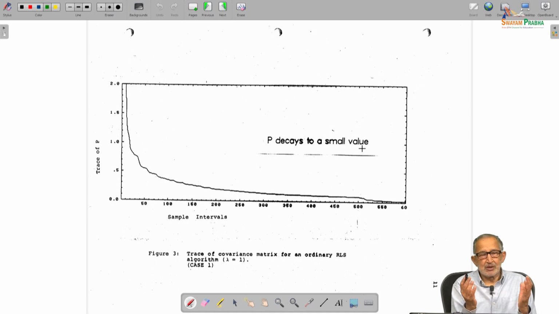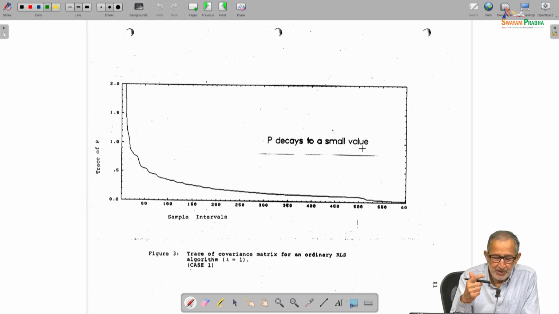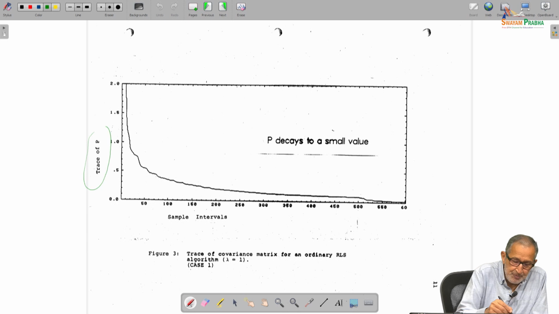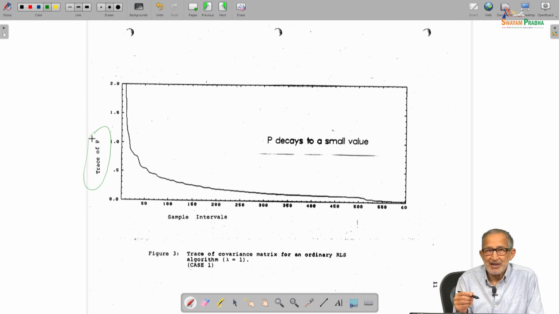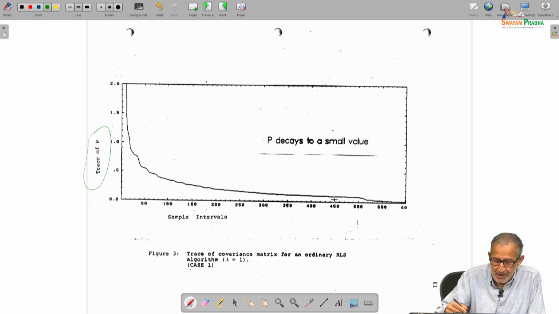Now, the covariance matrix is a 2 by 2 matrix, so you can't plot the values of the covariance matrix, but what we can do is plot the trace of P, meaning the sum of the diagonal elements of P. Remember the initial values were 1 plus 1, 2, and it decays very quickly down to a small number.